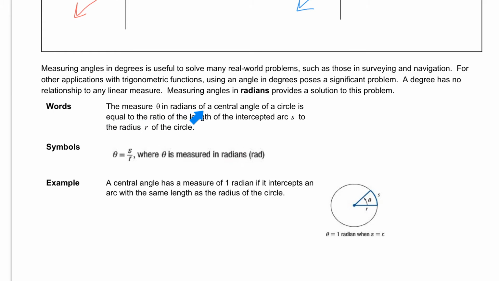The measure theta in radians of a central angle of a circle is equal to the ratio of the length of the intercepted arc S to the radius r of the circle. So that tells us that, if you take a look at this picture right here, if we have this angle of rotation, theta is going to be equal to S, the arc length, divided by the radius measure. And there's just an example here if you want to read through it.